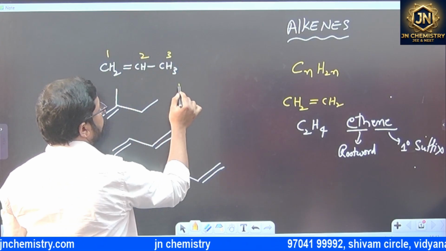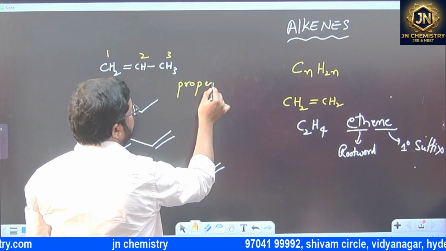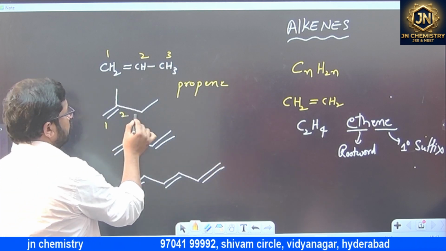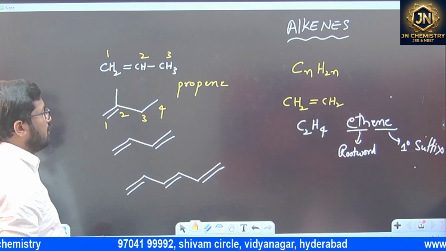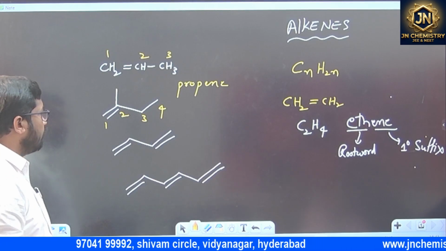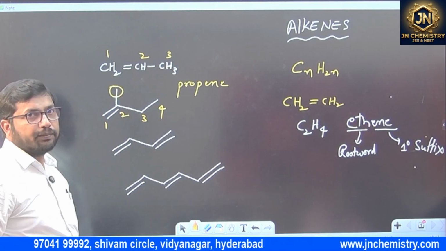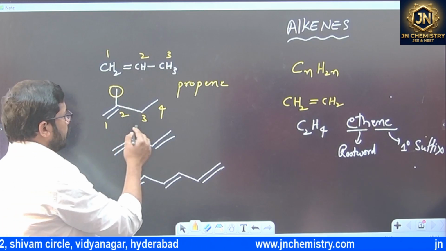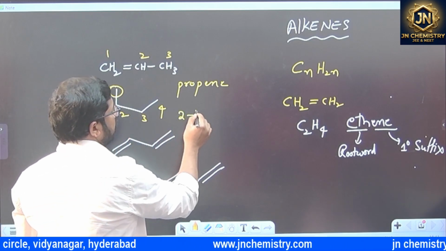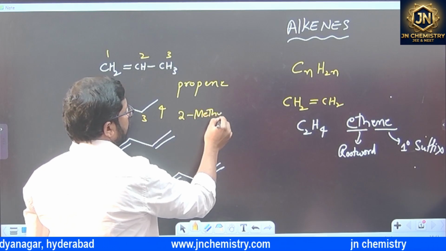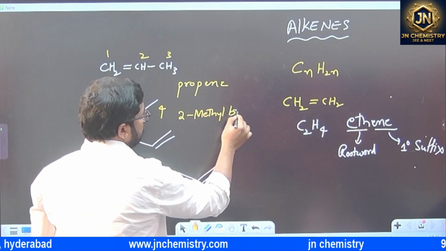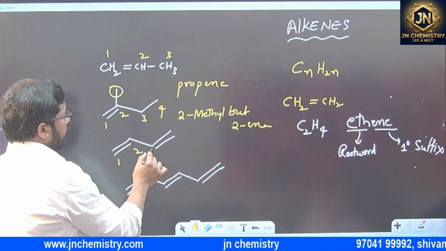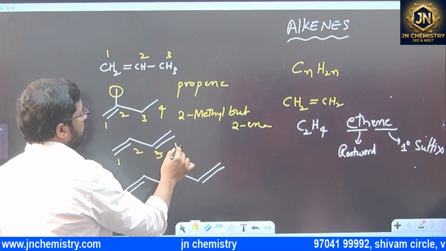Propene. In this case, 1, 2, 3, 4. First, this is substituent. Substituent is secondary prefix, right? 2-methyl, but-2-ene. So but-1-ene, sorry.